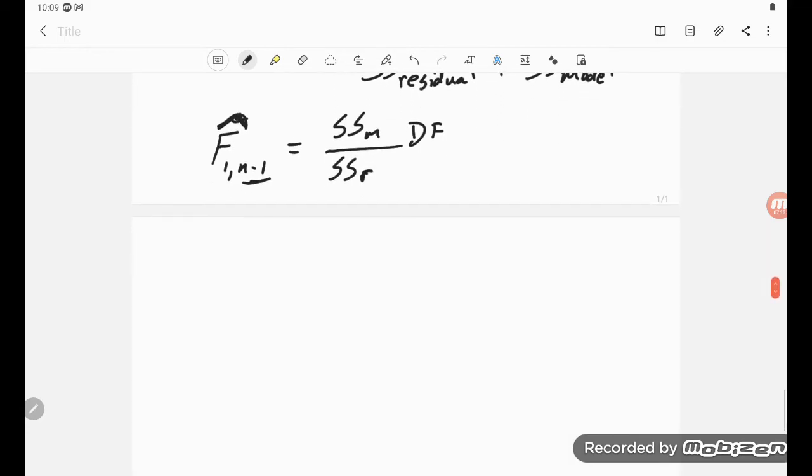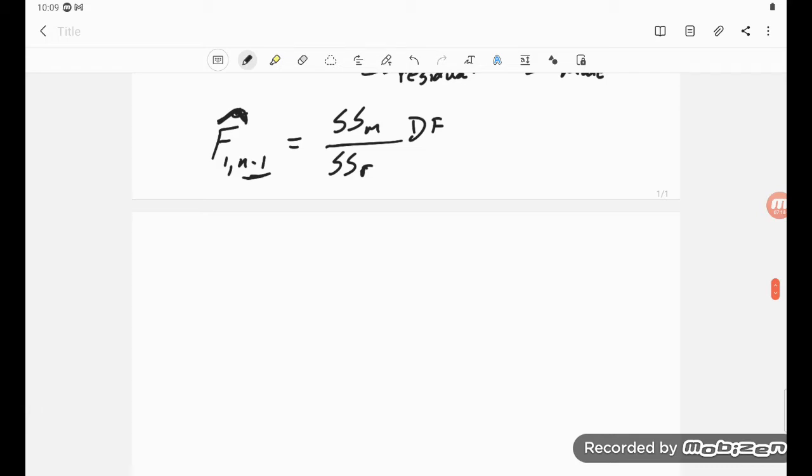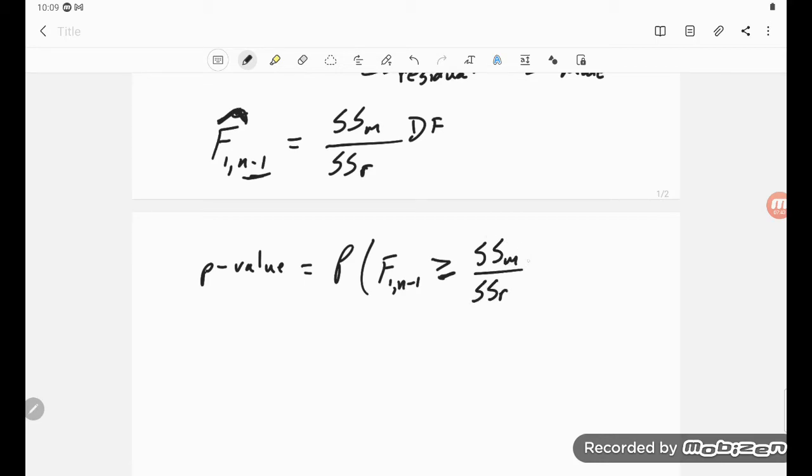That is, we can use the F distribution to look at that number, and then our p-value is equal to the probability that an F distribution with 1 and n minus 1 degrees of freedom is greater than or equal to our sum of squares model over sum of squares residual, and in this case times our n minus 1.